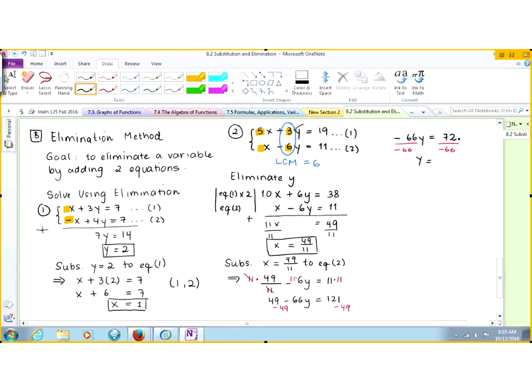By 2? Okay. By 6, right? Is it divisible by 6? Yes, divide by 6 on top and by 6 on the bottom. So negative 12 over 11. Oh yeah, this is the problem that we did yesterday. So x is 49 over 11, y is negative 12 over 11.